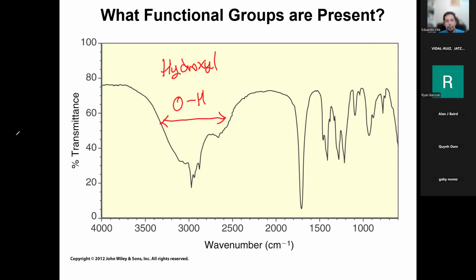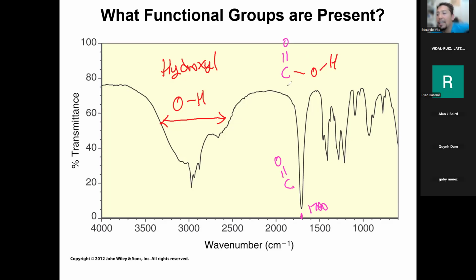And then people are already saying in the chat that at 1700, right here, we have a very sharp, strong signal. This is your carbonyl signal. Very iconic, very characteristic. So if we add those up, carbonyl plus hydroxyl gives me a carboxylic acid.